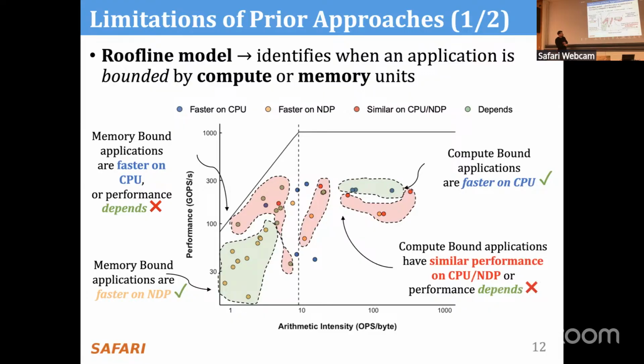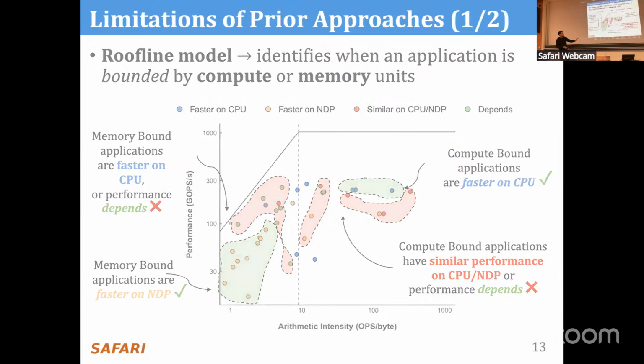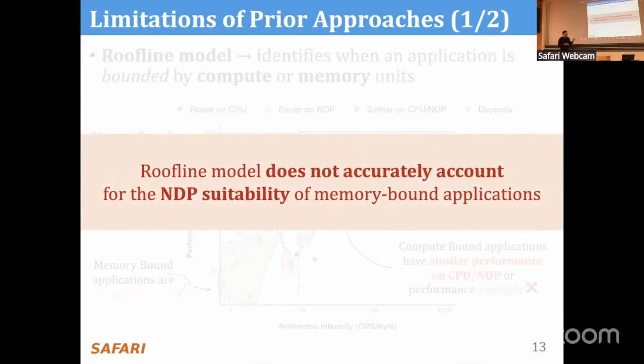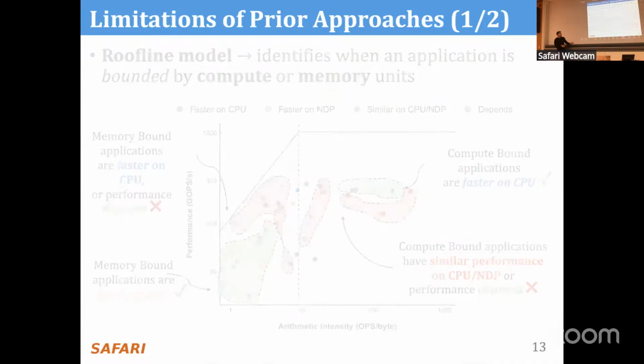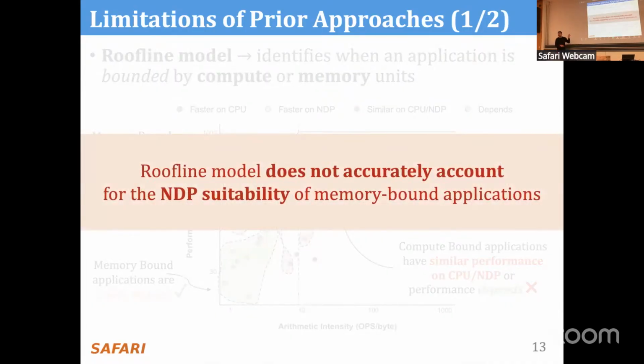Sometimes the host system is better than the PIM system for those compute-bound applications, but depending on the number of cores as well, or the configuration of the application, this might flip. So this model here is not comprehensive enough to tell you, to whatever definition of memory-bound or memory-intensive this model is giving you, if an application is performant in a processing memory system.